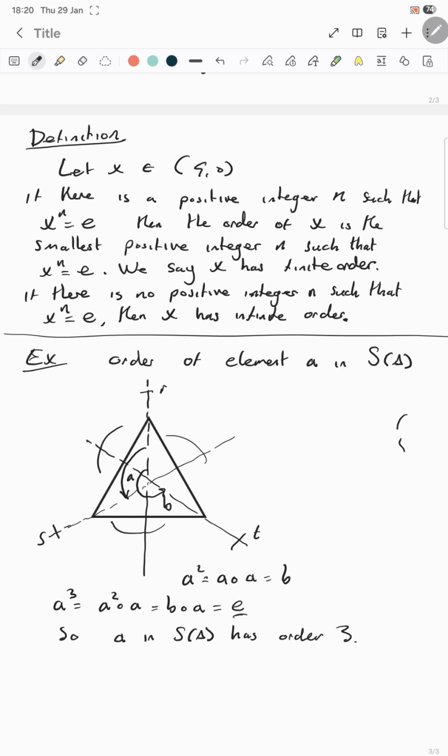So A in S triangle has order 3, and that's the order of an element of a group.